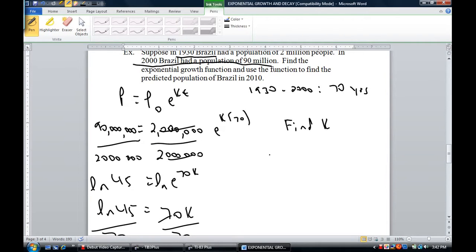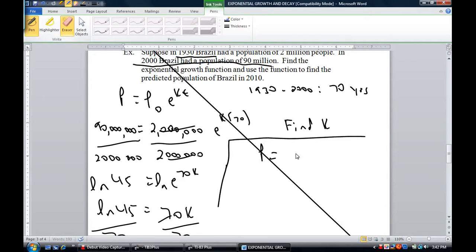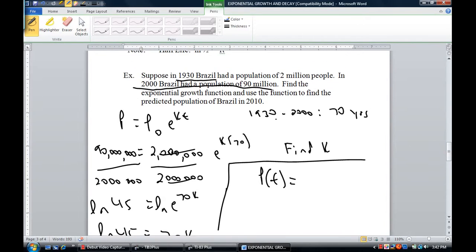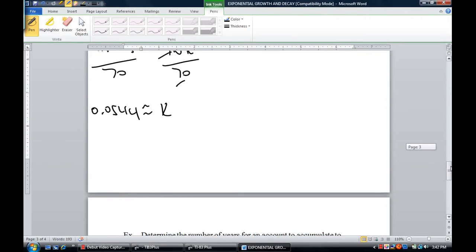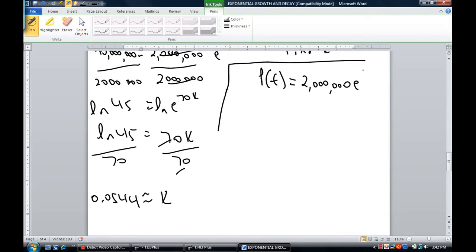Now, that means that our function is, well, I should be using P of t. P of t equals P sub 0, which is still 2 million, e, and we just found k, 0.0544, and we don't know what t is, so we're going to call it t, because we need a variable in our function.